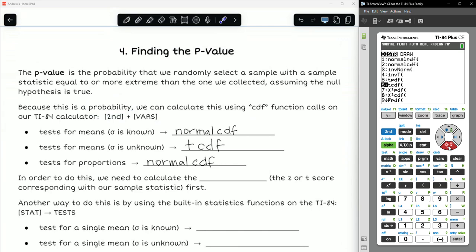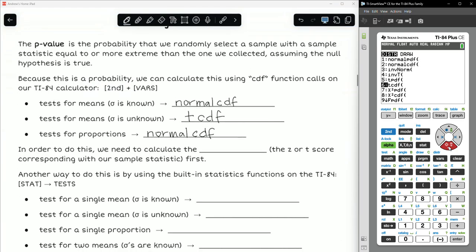We are not going to cover this in our videos just because it's not a common procedure to do this anymore, because we live in 2025 and our calculator can do all of that type of calculation in the background for us.